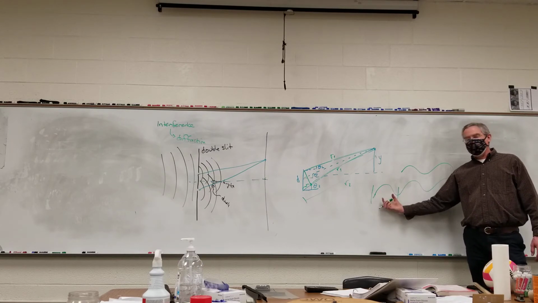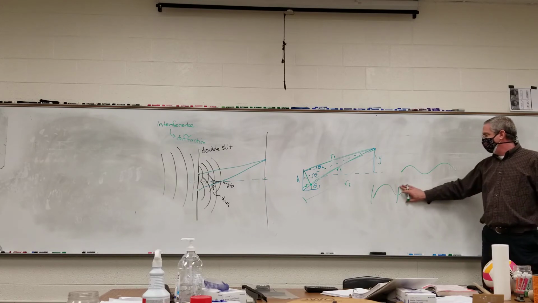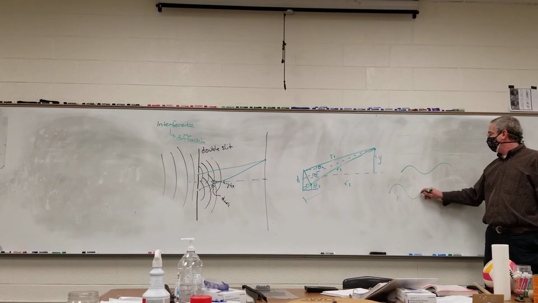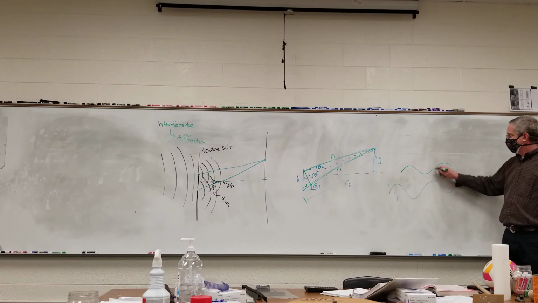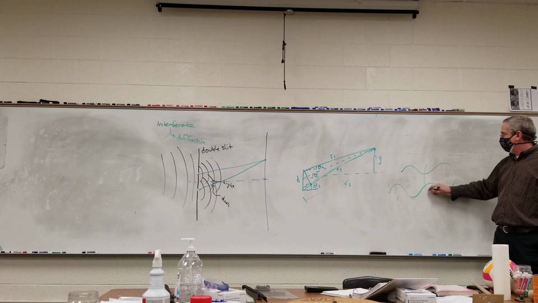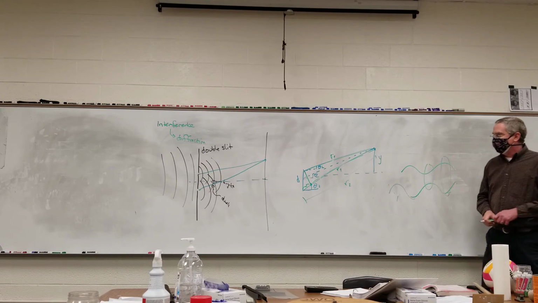So if it's a full wavelength off, everything's good. If it's a half wavelength off, that's destructive. Oh, I'm a little bit off in my drawing there. They cancel each other out.